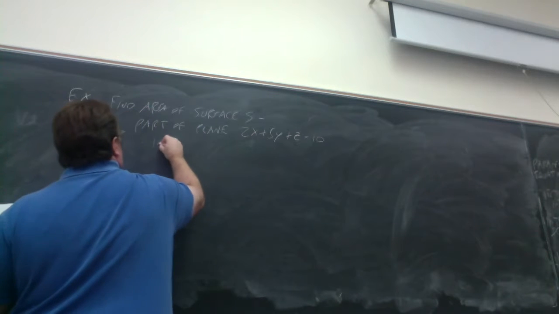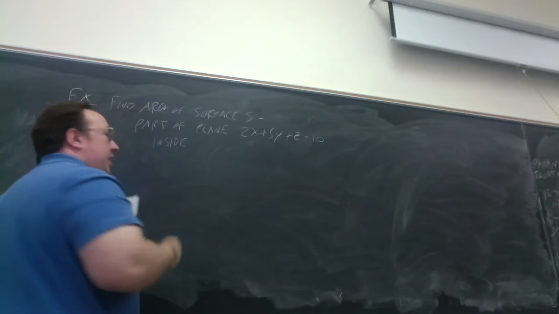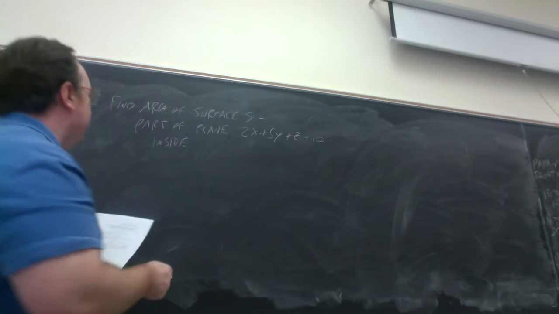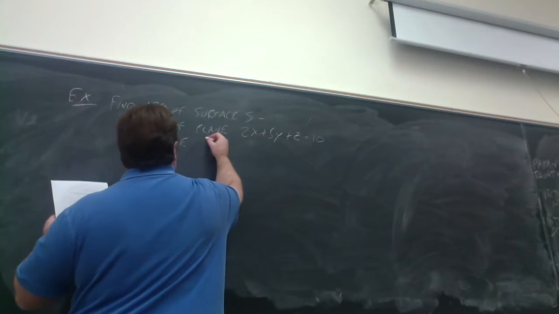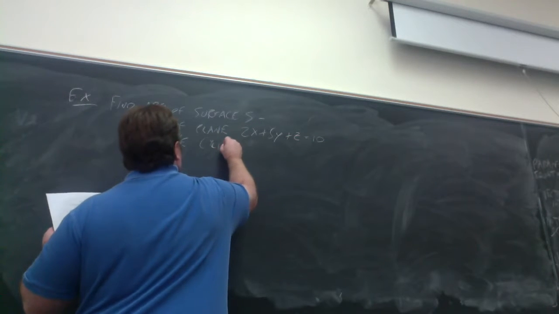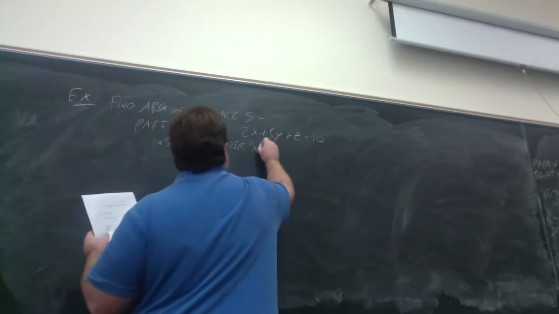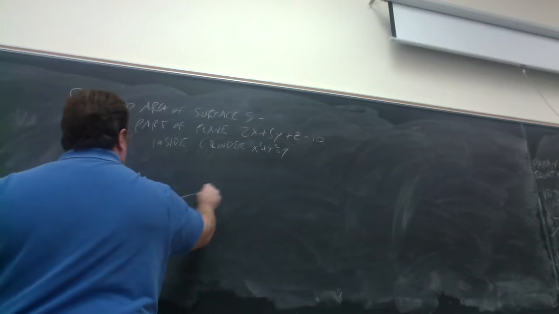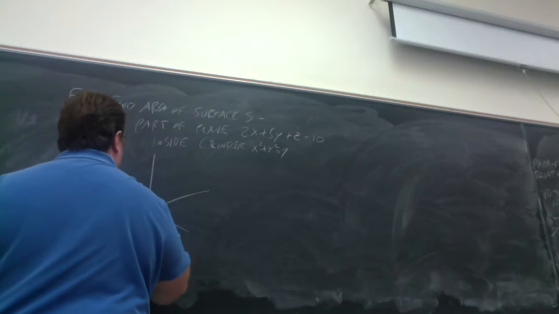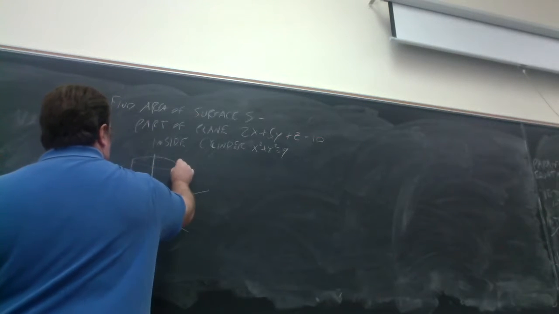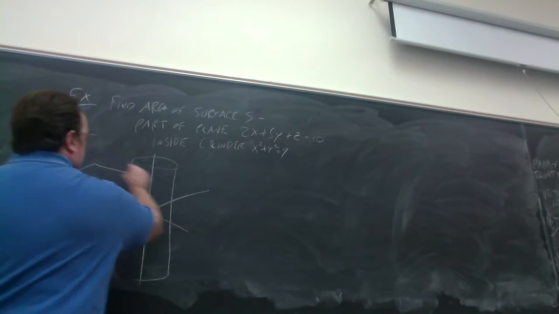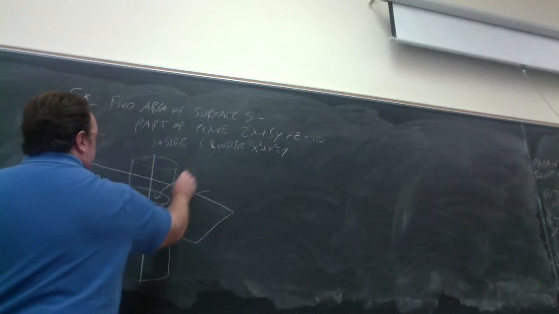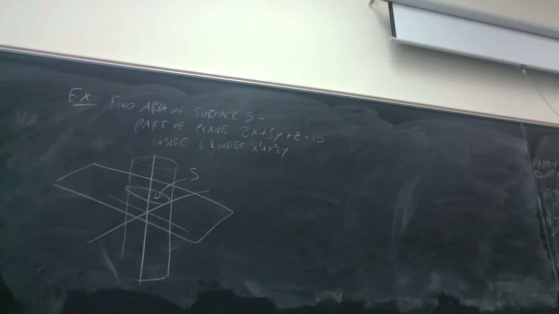But the plane by itself is infinite, so we need to restrict it. It's a part of a plane that's inside the cylinder x squared plus y squared is equal to 9. So here's your cylinder, and you have this plane that's cutting through it. The part right here where they intersect is your surface S.